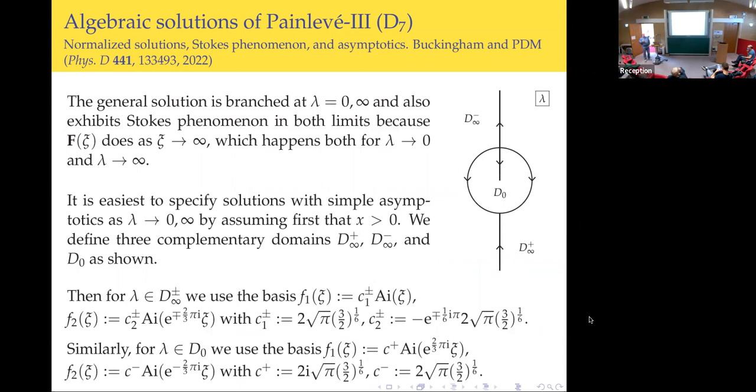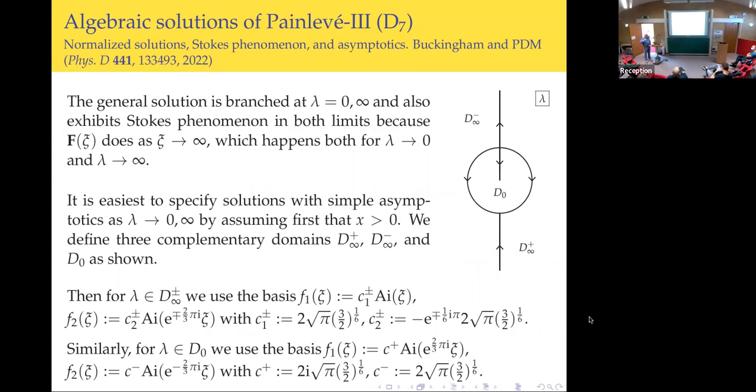So what we have to do in each one of these sectors is just pick a basis of Airy's equation, in such a way that we have very nice asymptotics near 0 and infinity. So here are the formulas for that. I don't need to really spend too much time on them, but you see, like in the exterior domains, E plus and minus at infinity, we're using the function Ai and also one of the rotated versions of the Airy function as our basis.